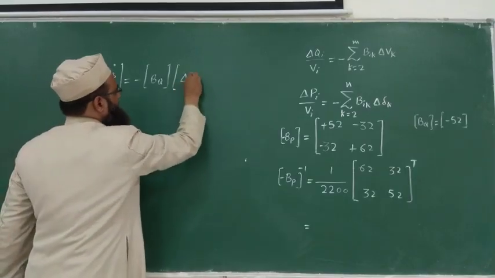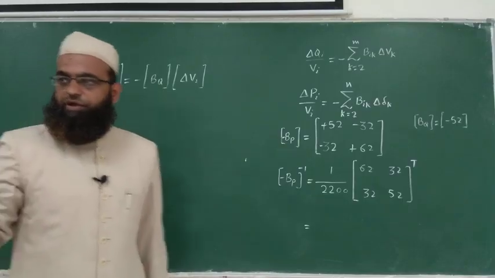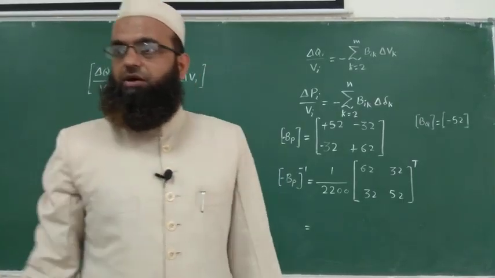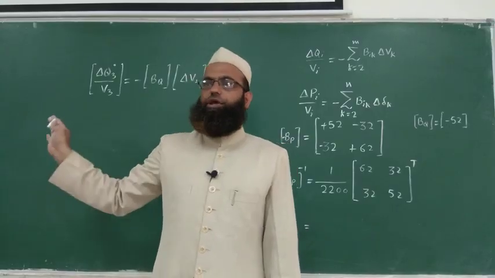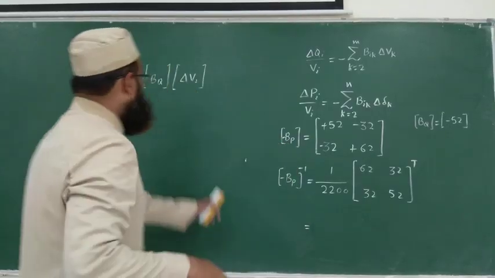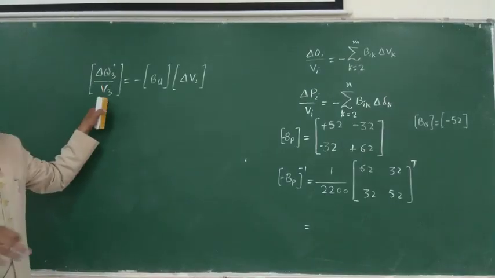Del V. Sorry, variables are V2, not V3, right? So next variables are V2, we have not yet evaluated V2 and Q3. Fine. So for V2, we have this relation. This is specified, not variable.